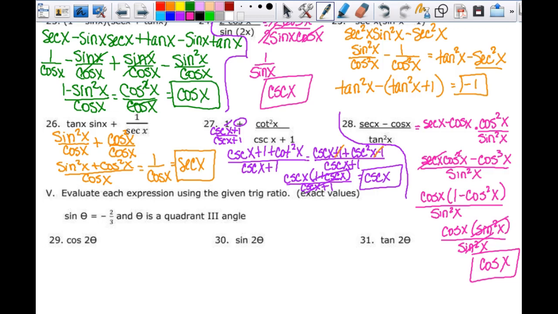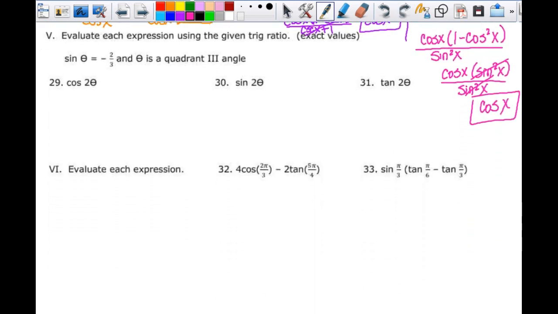All right, so now it says to evaluate each expression using the given trig ratio, and it tells you we're in a quadrant 3 angle. Okay, so I'm going to draw my little picture here. And it's sine, so this is my angle, and that's opposite over hypotenuse.